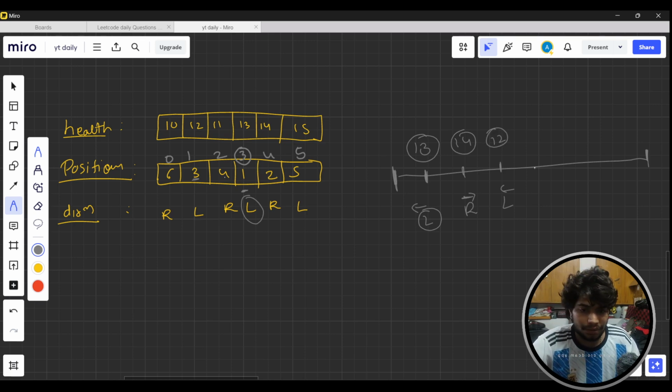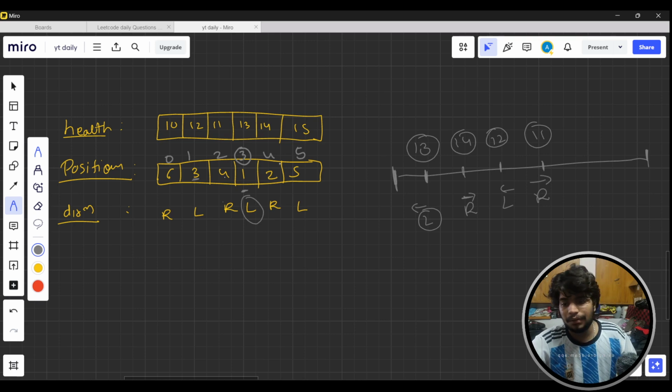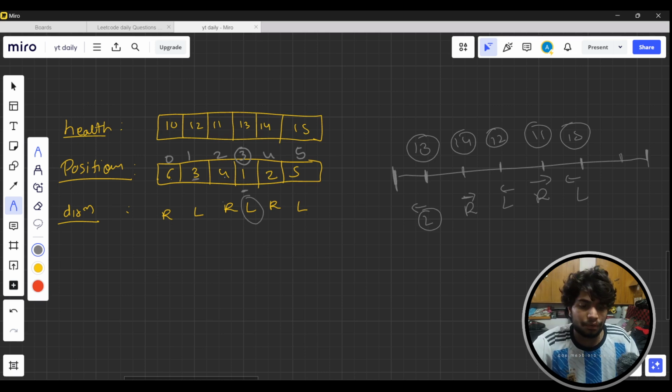The next robot is this, which is moving in the right direction with the health of 11. The next robot is this, which is moving in the left direction with the health of 15. And the next robot is this with the health of 10, which is moving in the right direction.